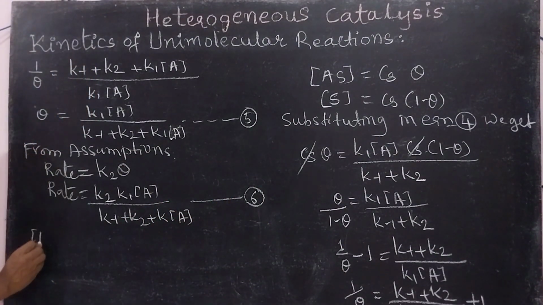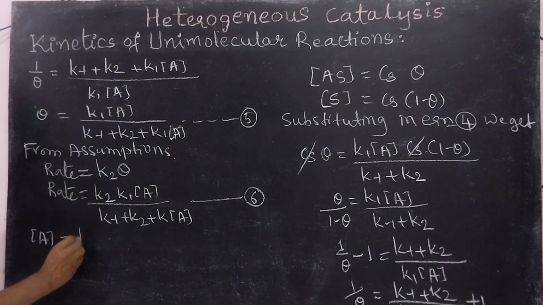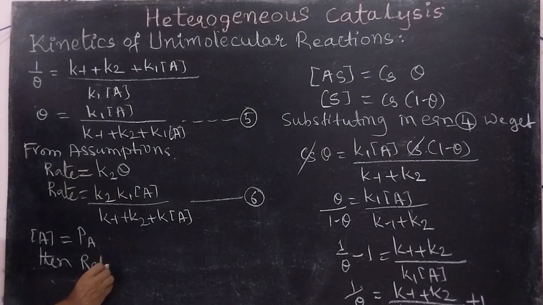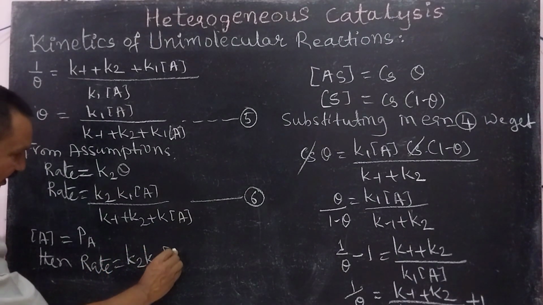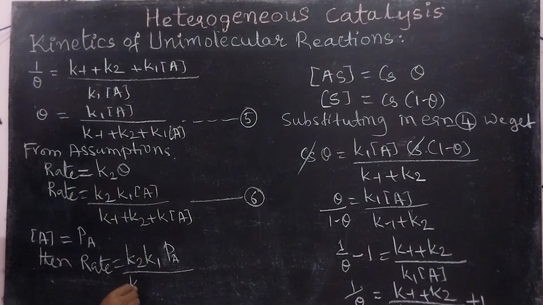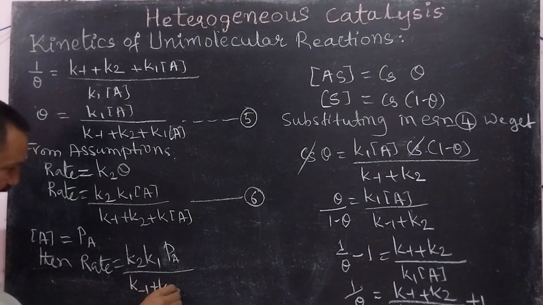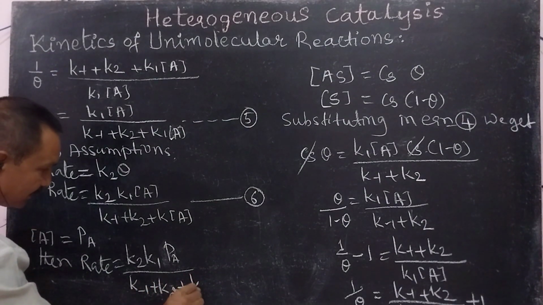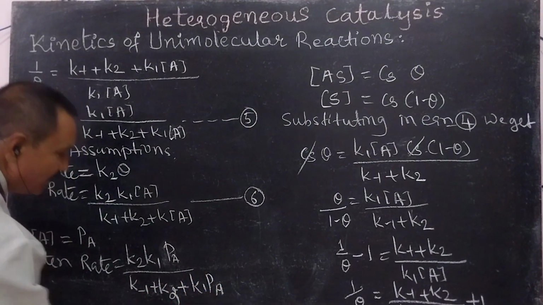Here concentration of A is equal to pressure. Then what we get? Rate equal to K2 K1, concentration of A is replaced by PA, divided by K minus 1 plus K2 plus K1 into PA.